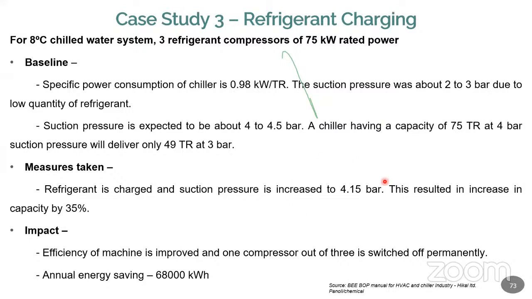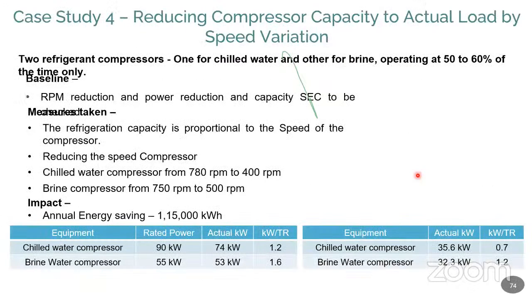The pressure is higher, and that can be reduced because of non-availability of the refrigerant, but the pressure is not sufficient to take the gas out from the cylinder. So therefore, you use a proper pressure and switch off one compressor, so that will save a huge amount of money.